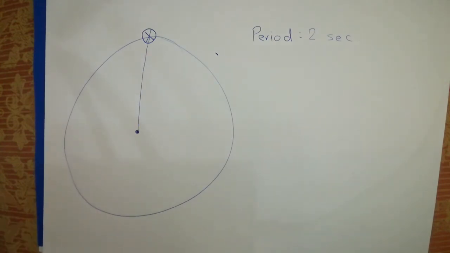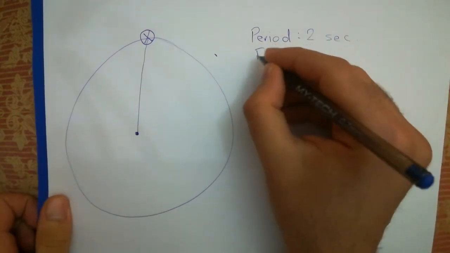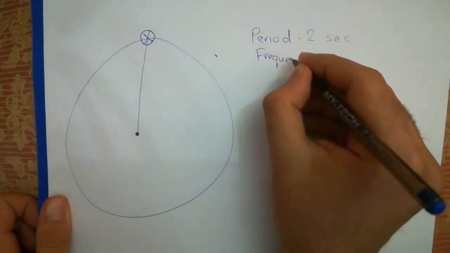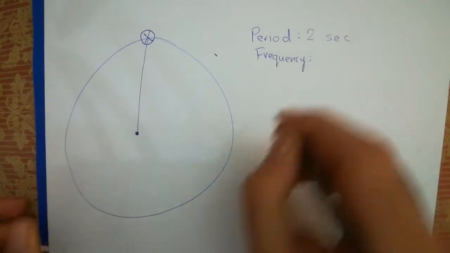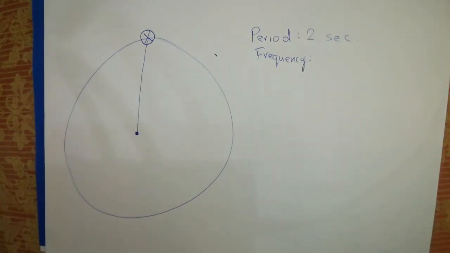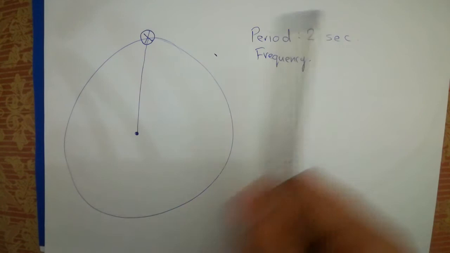Okay, so we have something else, and another question that is very important. Now we have frequency, and in frequency there is another question: in 1 second, how many cycles did this object do? In order to answer that, you bring the period and you reciprocate it.